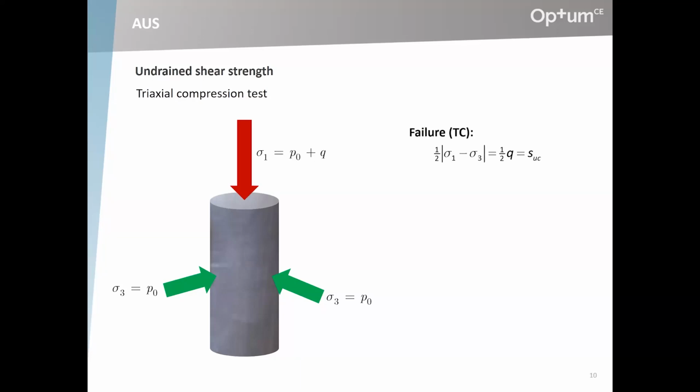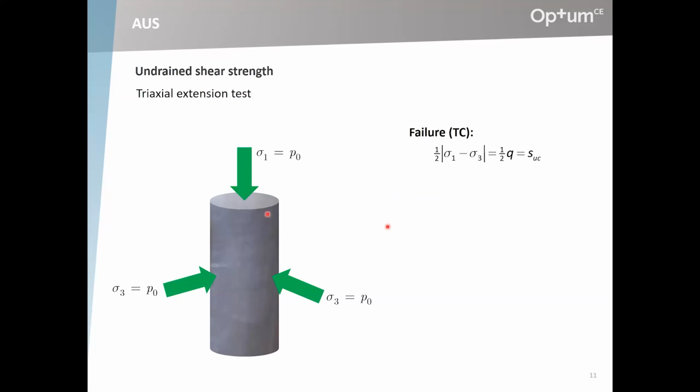And that critical magnitude is what we call the undrained shear strength, SU, or I've put a subscript C here, as you can see, to indicate that this is a compression test. Because what we could do, of course, was run a different test. We could run an extension test.